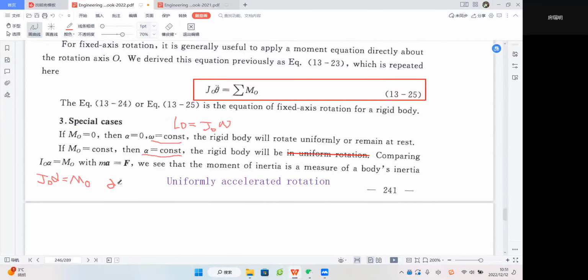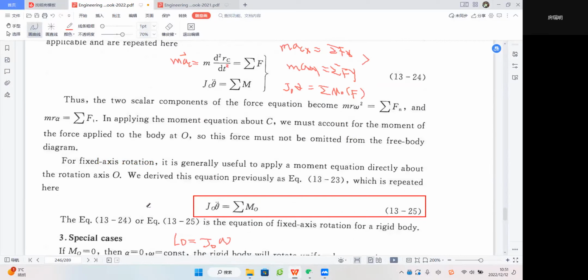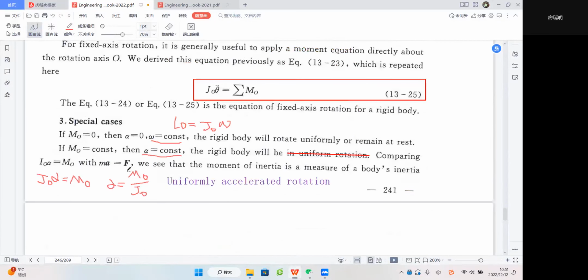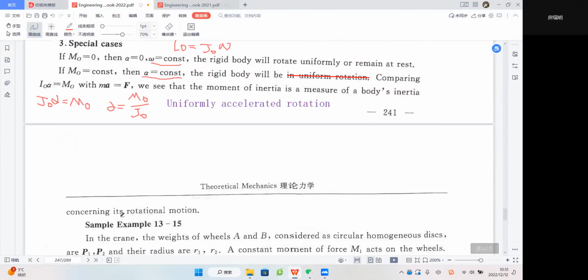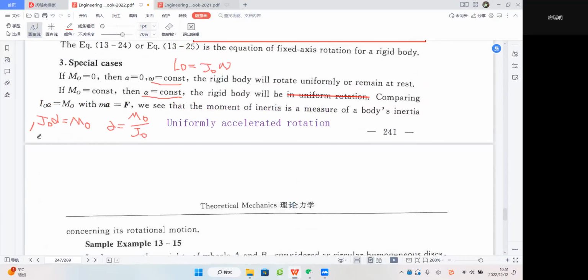So actually alpha will equal MO over JO. So MO is our forces' moment to the point O, a geometric sum, right? So we see that the moment of inertia is the measure of the body's inertia concerning its rotation motion, right? So that means once again we can use JO to compare with mass, and A equal F.